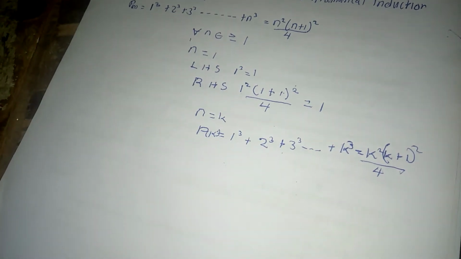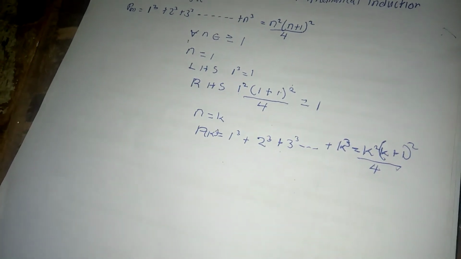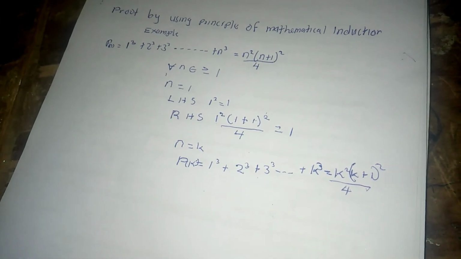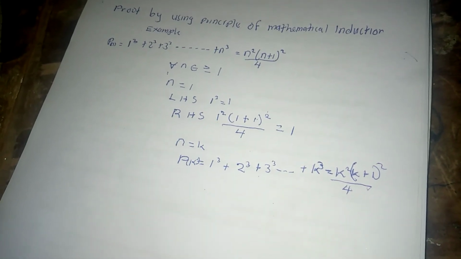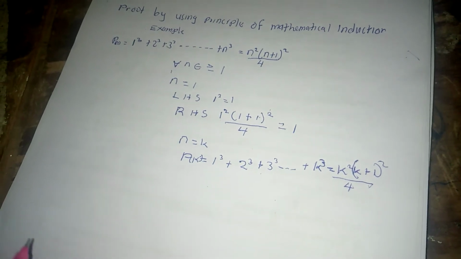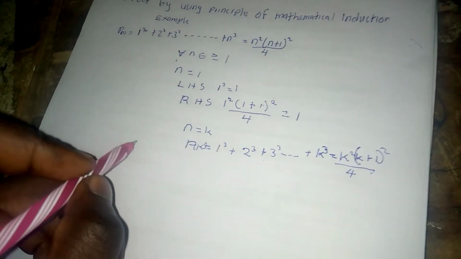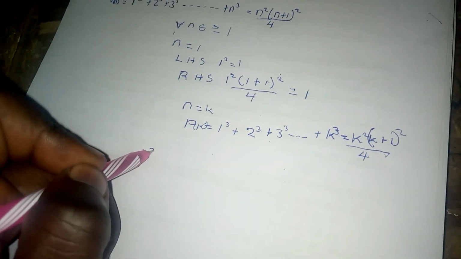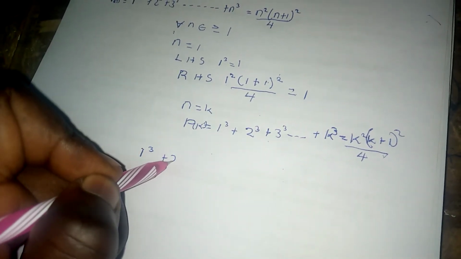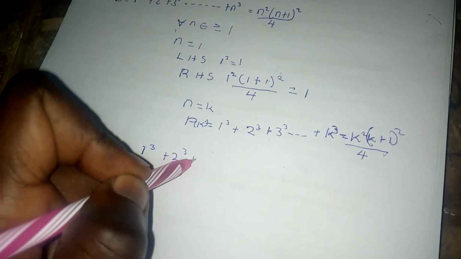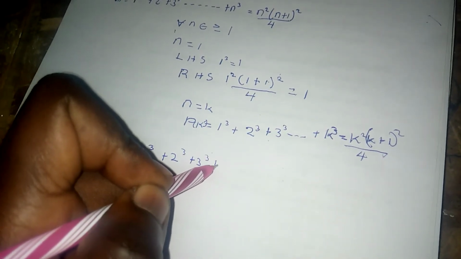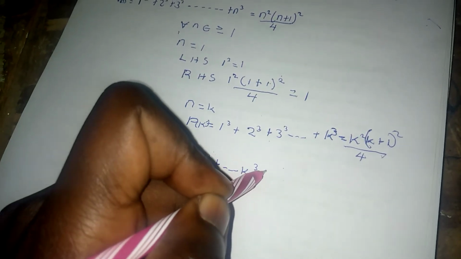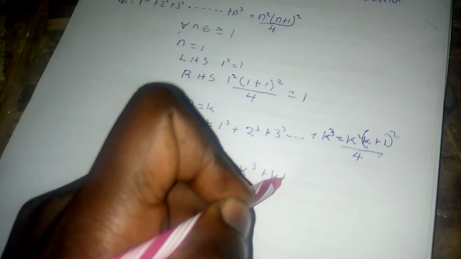When we add (k plus 1) cubed to both sides, then it will give us 1 cubed plus 2 cubed plus 3 cubed plus k cubed plus (k plus 1) cubed.